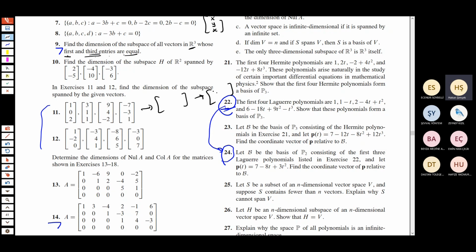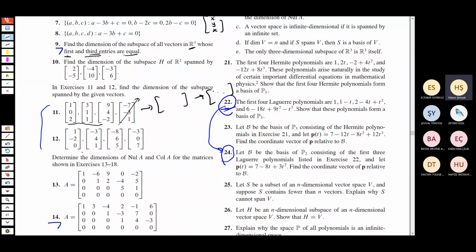Maybe first column, second column, and third column have the pivot position. In the last one there is no pivot position, so you should remove the last vector. The first three vectors can be a basis for the subspace. Therefore, the dimension of this subspace will be 3.